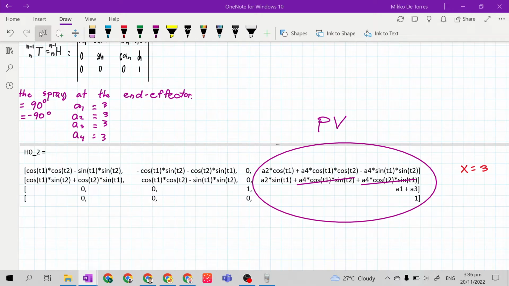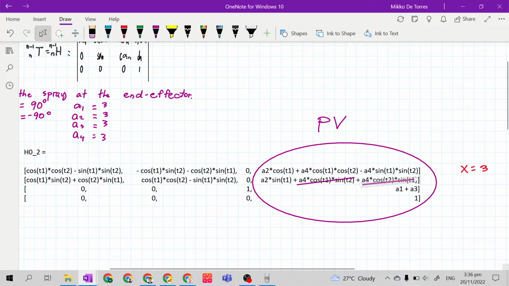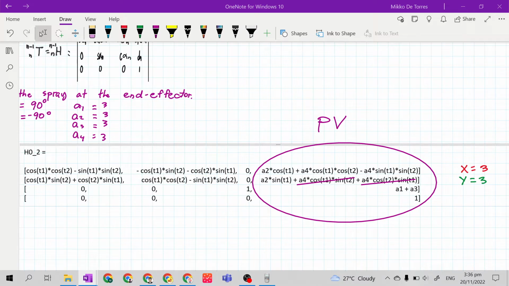So y is equal to 3. Next, for the last element of our position vector, 3 plus 3 is equal to 6. So a1 plus a3 is equal to 6.